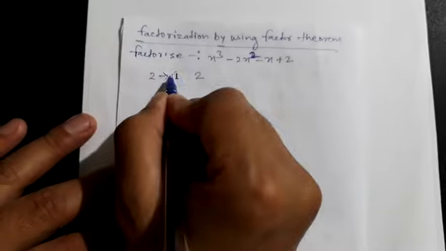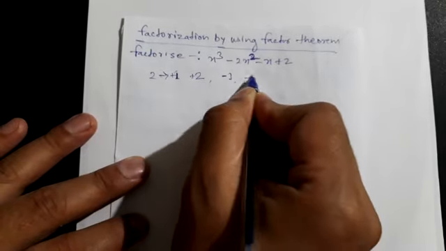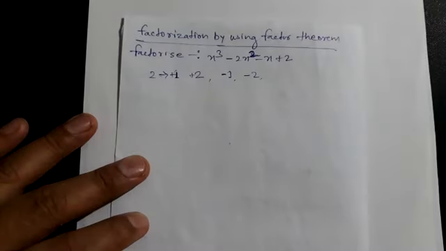Apart from these, plus 1 and plus 2, minus 1 and minus 2 are also factors of 2. How is minus 1 a factor of 2? Children, you see, if you multiply minus 1 into minus 2, your answer will be 2, because minus minus is plus, and 1 into 2 is also 2.